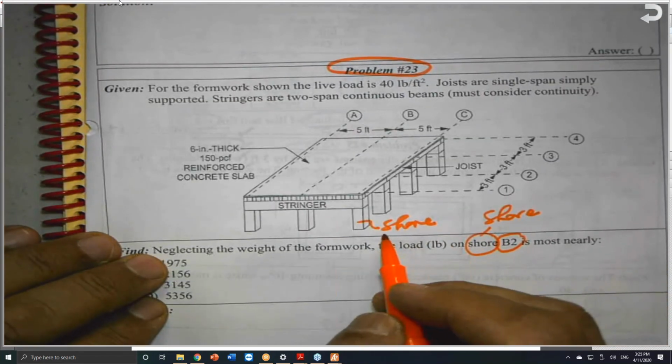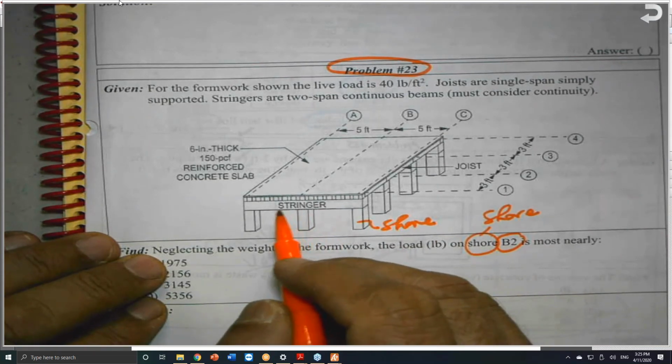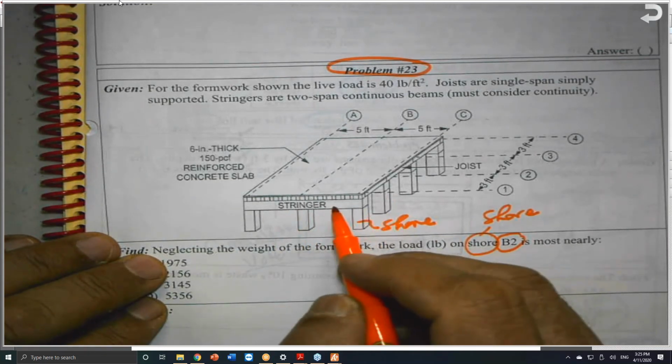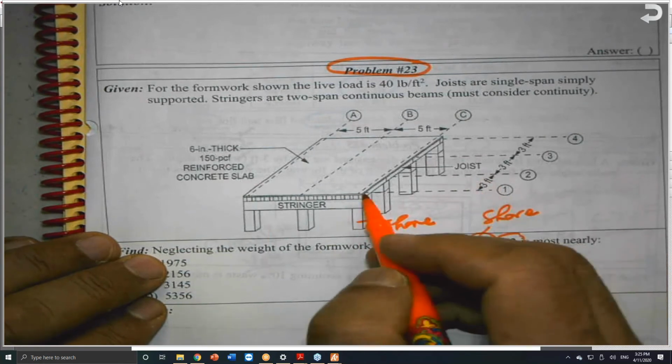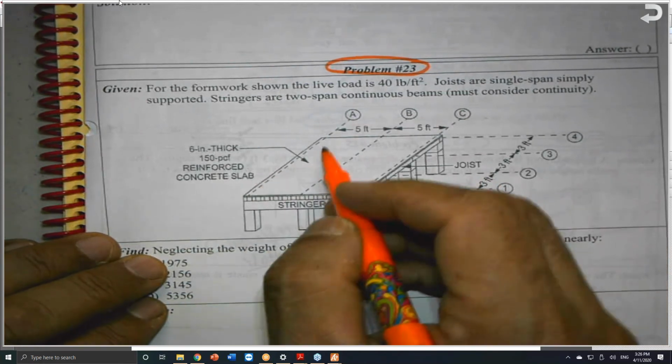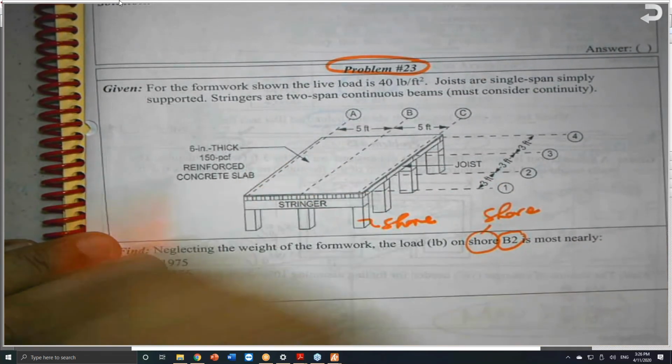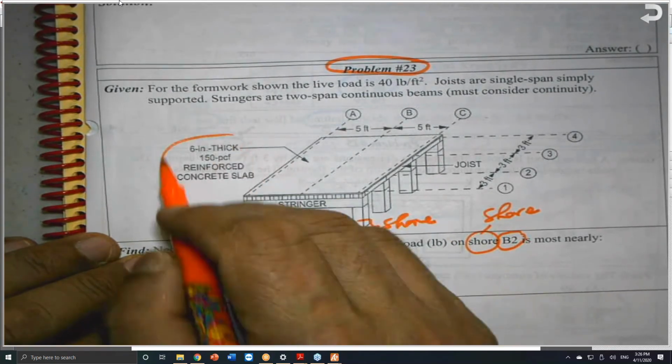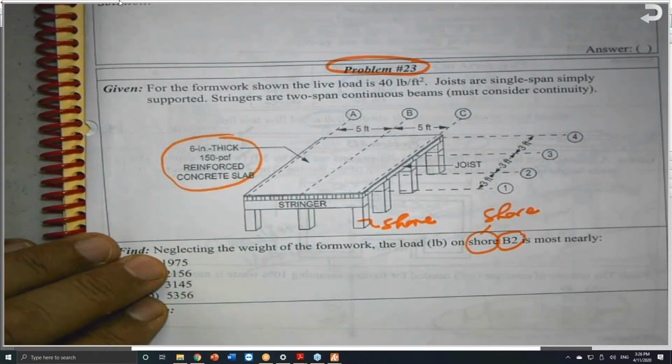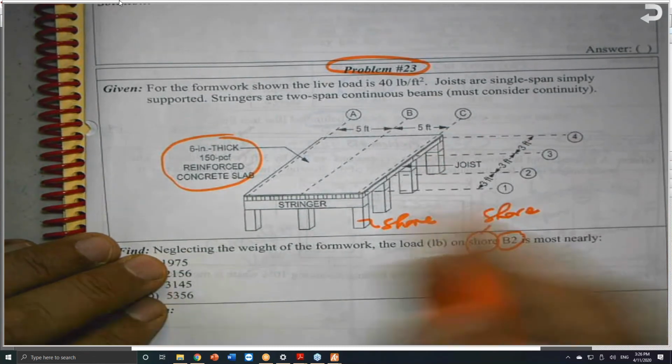These columns have stringers, and the stringers are carrying joists, and the joists support the plywood, and the plywood will support the concrete, the 6-inch concrete slab. So there is a concrete slab here. He's talking about the shore B2.